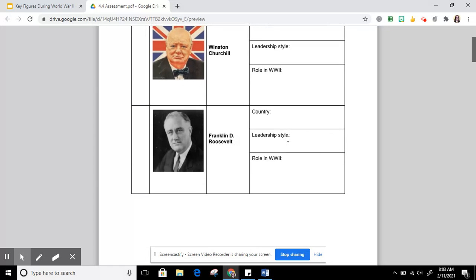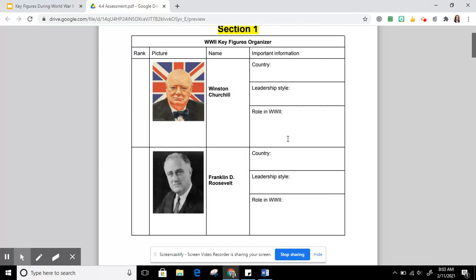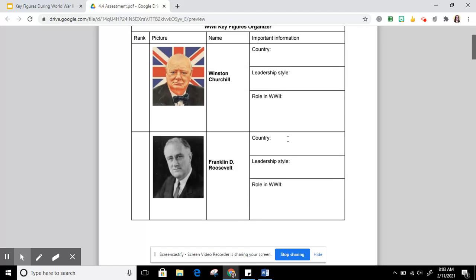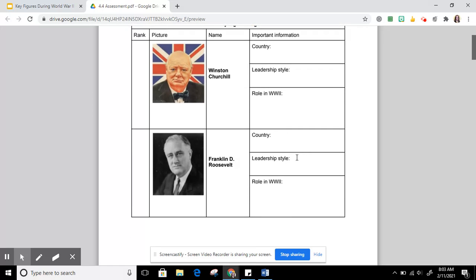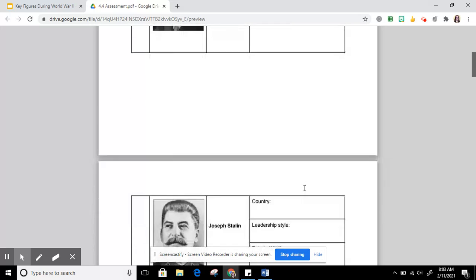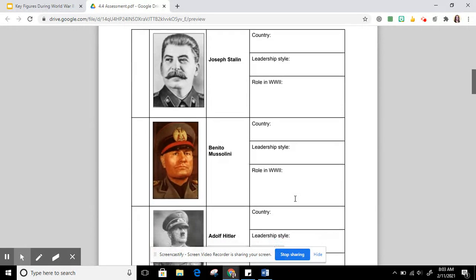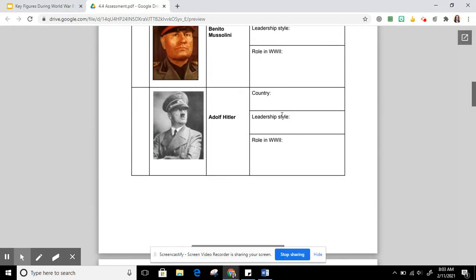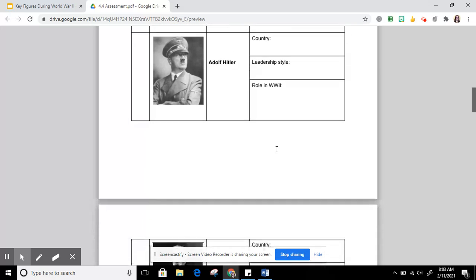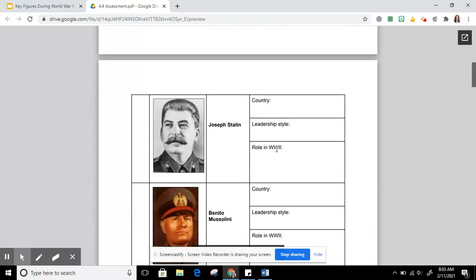You're going to fill that out for each leader: the country that they led, their leadership style, and the role that they had in World War II.